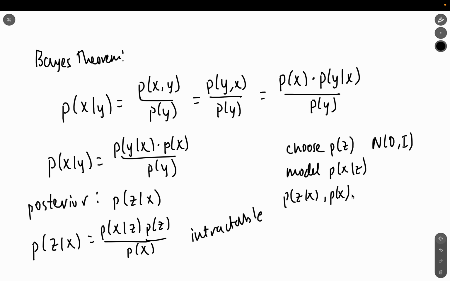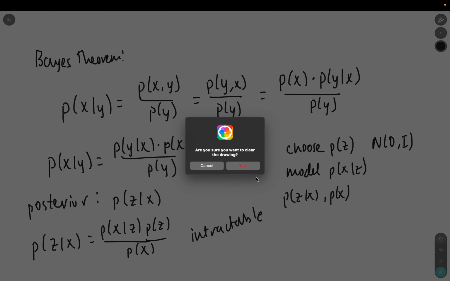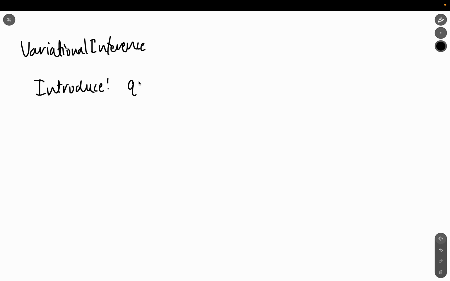I keep saying we'll go over the math, but we'll go into the really nitty-gritty of the math in the next video. So the solution is we use this idea called variational inference. Terrible handwriting, I apologize. We're going to introduce this new guy here, which is going to be q of z given x.